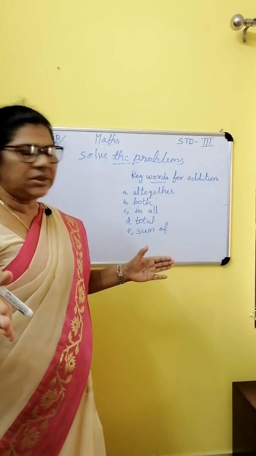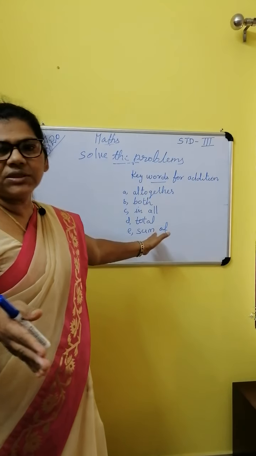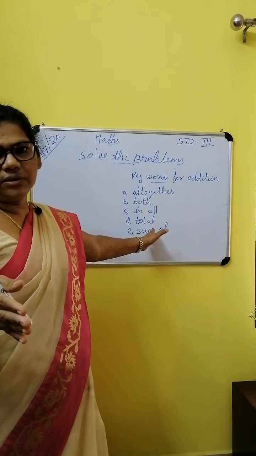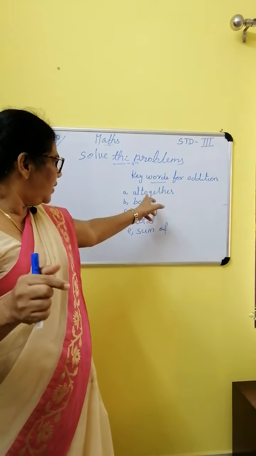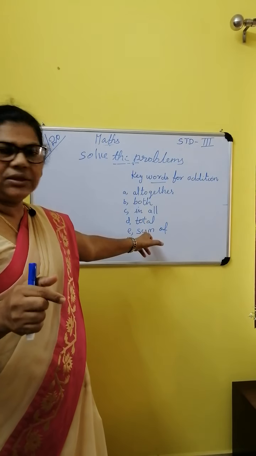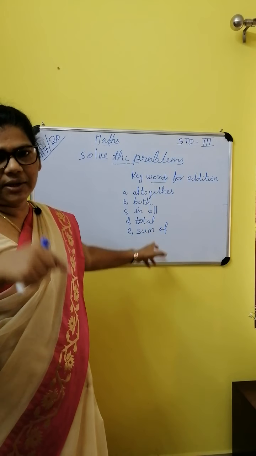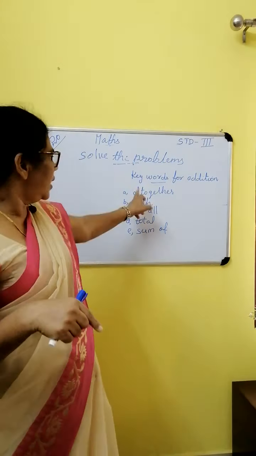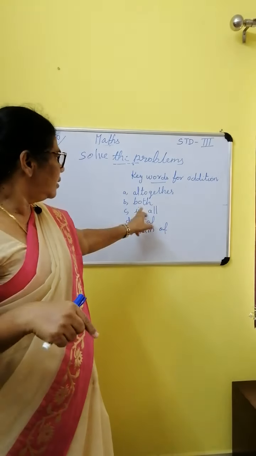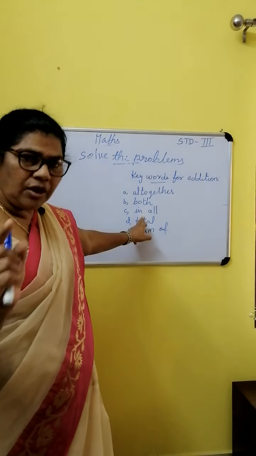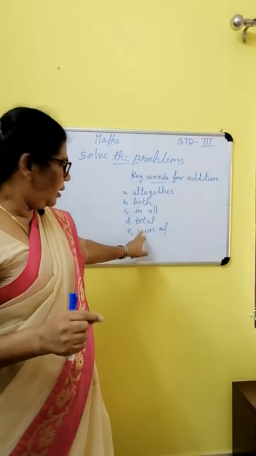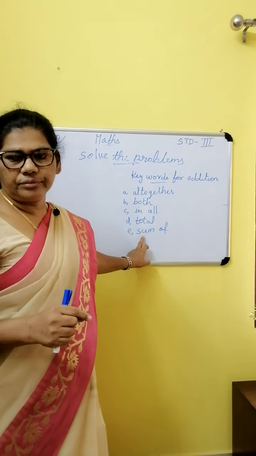In word problems, there will be one of these words. So you check if there is this word in that sentence, and you can understand that it is addition. Understood? Once again, see: all together, both, in all, total, sum of.